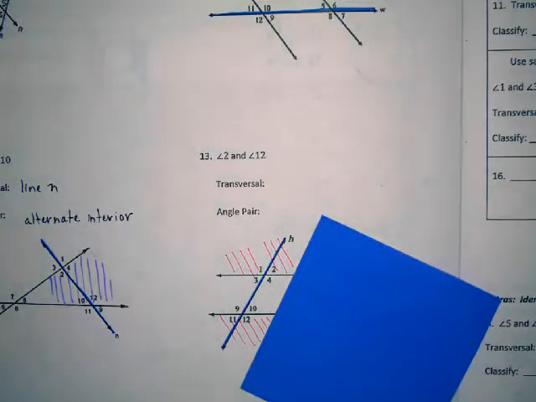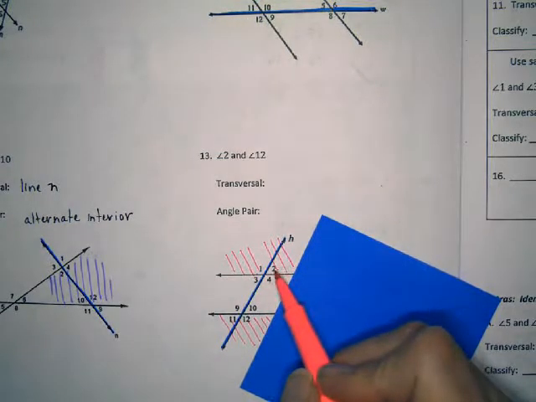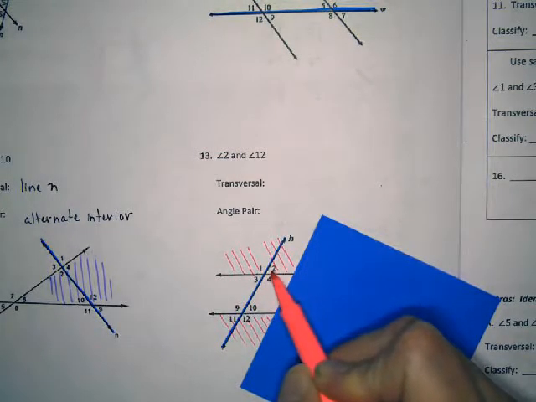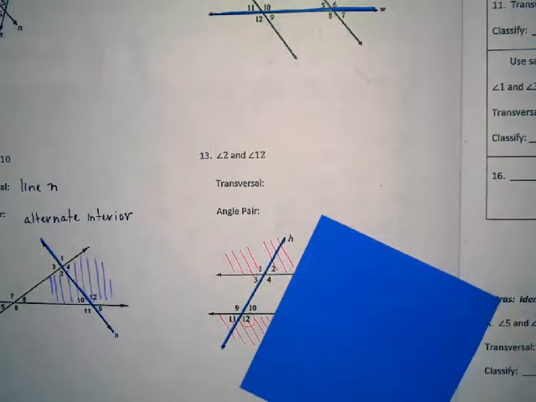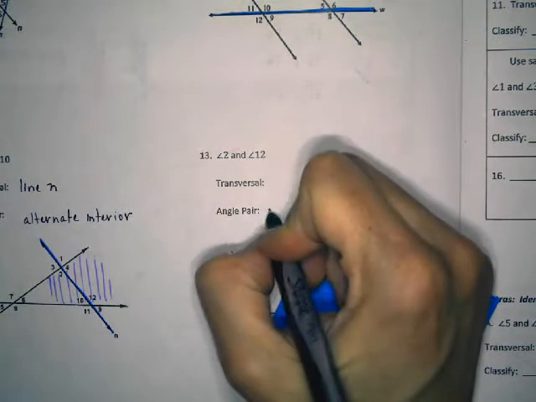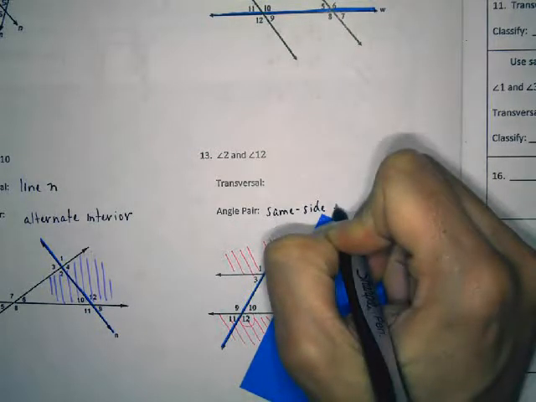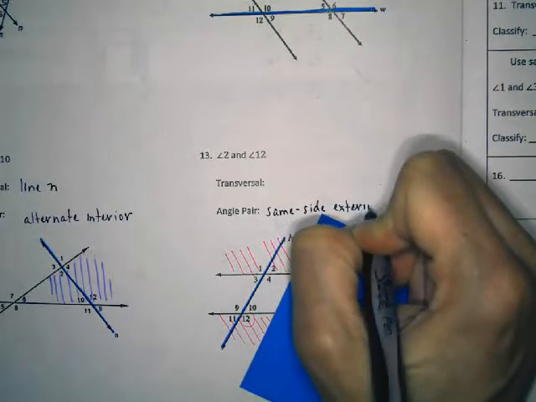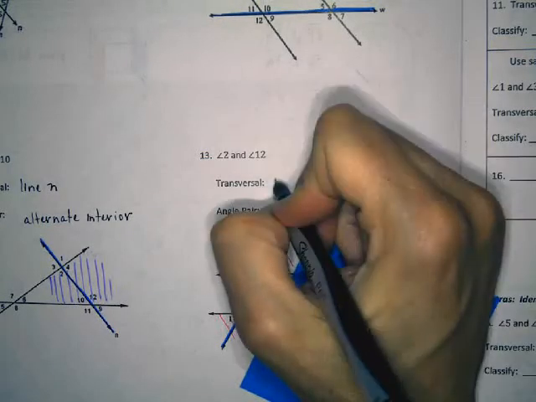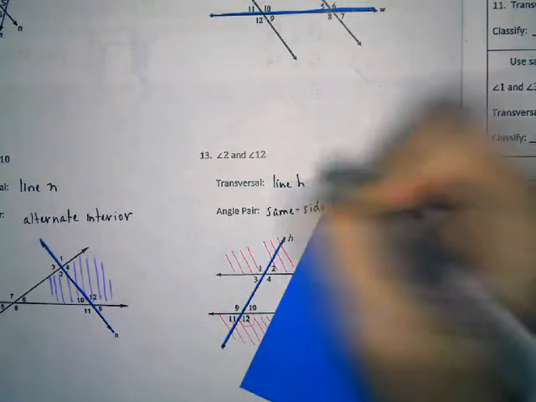So I know they're an exterior pair. And they both lie to the right of that transversal, so they're same side. So here we have same side exterior angles, and our transversal is line H.